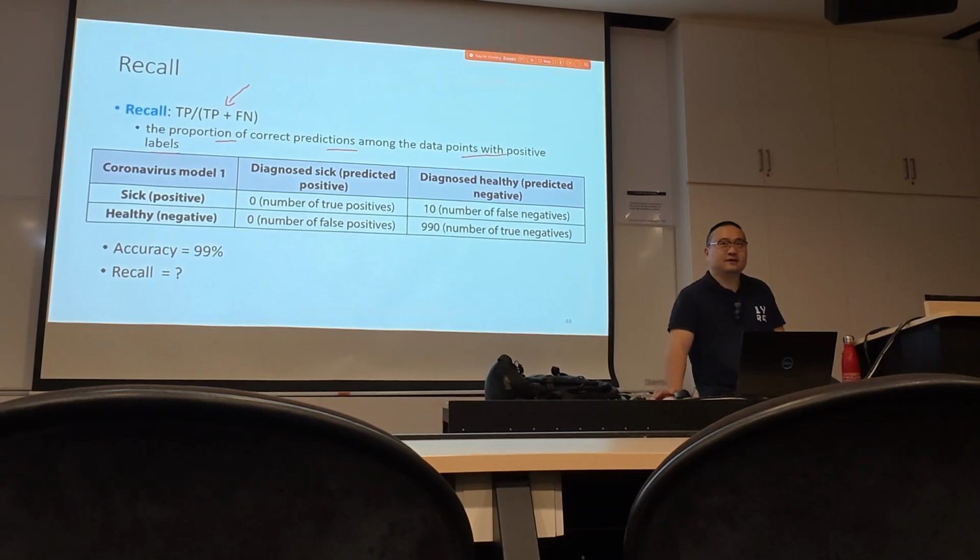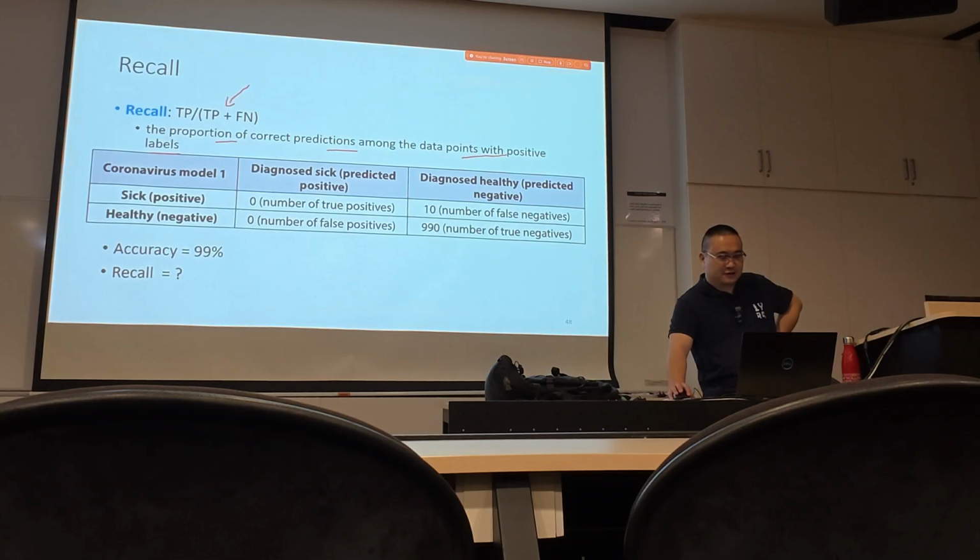So going back to the previous medical detection, recall just measures the proportion of sick people that are correctly identified. For all the positive samples, we want to measure the proportion of correctly predicted samples. So that's the recall.